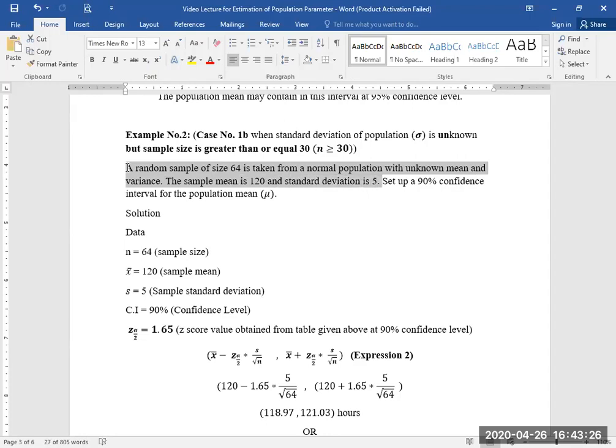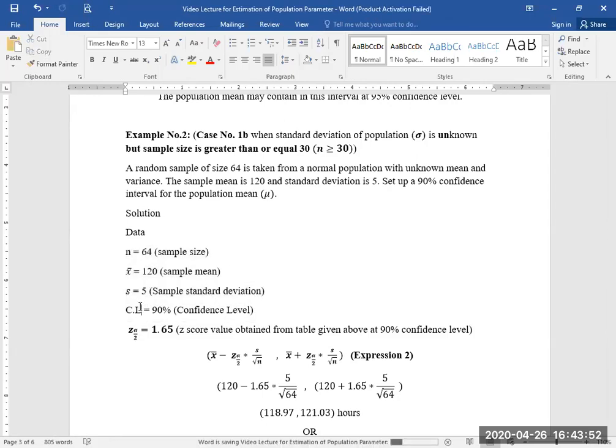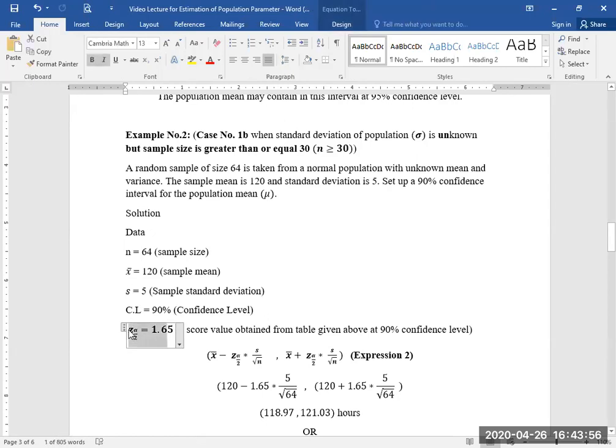Set up a 90% confidence interval for the population mean. I've extracted the data. n is 64, x bar is 120, s is 5, the confidence level is 90%, and the corresponding z value is 1.65.